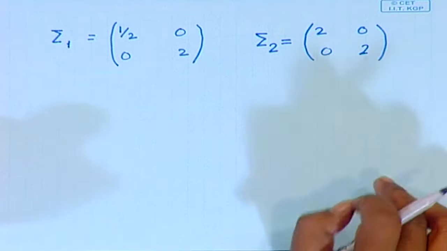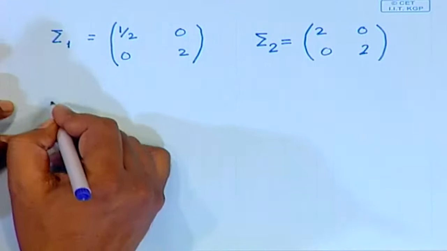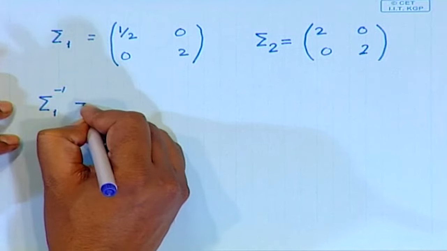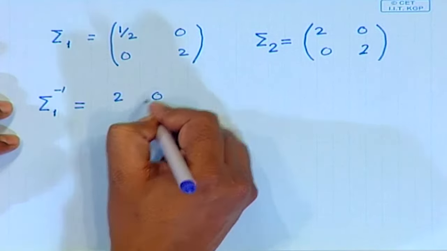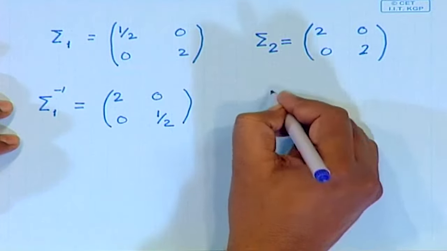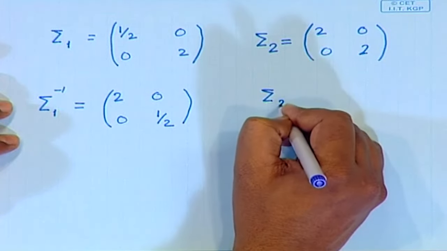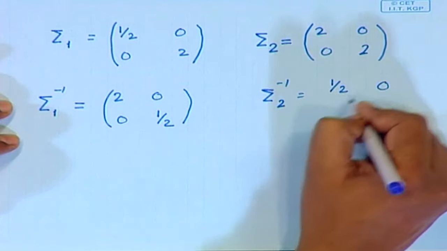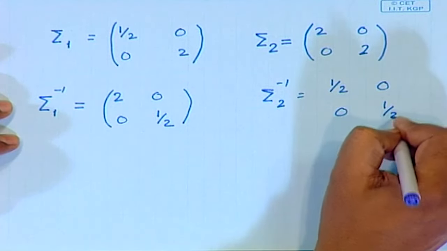And as the covariance matrices are different, the classifier is not a linear classifier. It will be a quadratic classifier. From here, I can compute sigma 1 inverse, which is nothing but [2, 0; 0, 1/2]. And sigma 2 inverse is nothing but [1/2, 0; 0, 1/2].